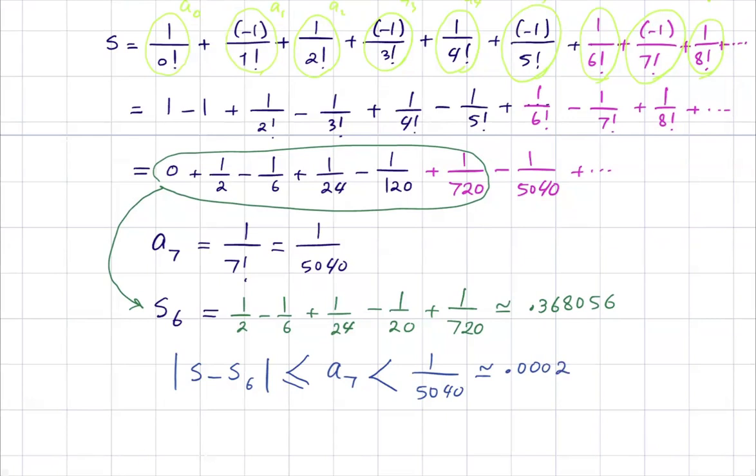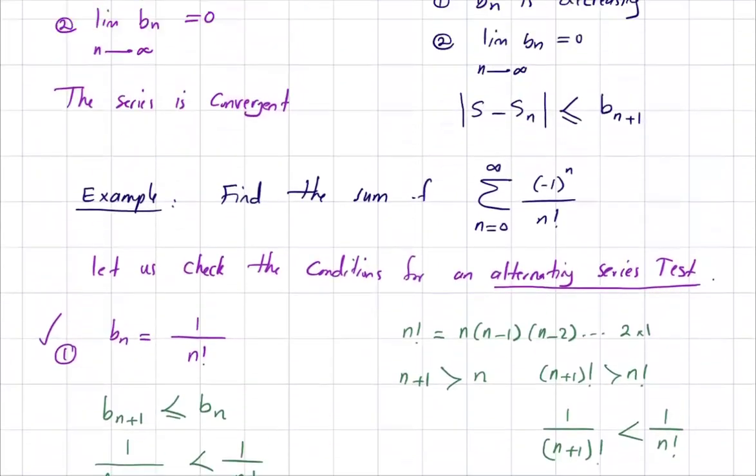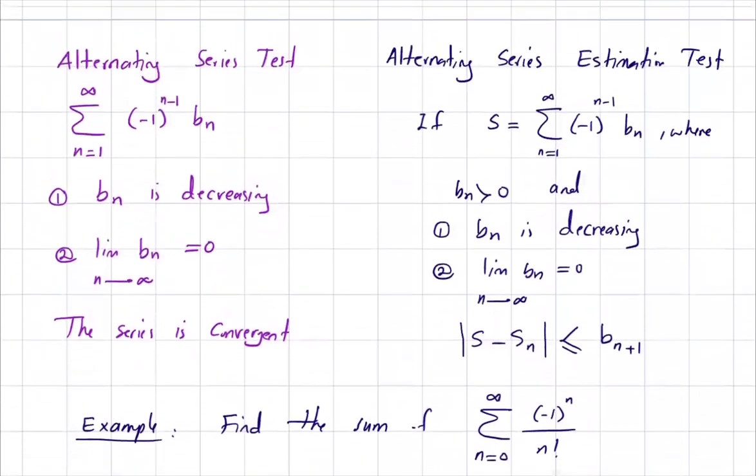So we get a very small error if you think about this. So this is the basics of the alternating series estimation test: the difference between the actual sum and the partial sum is less than or equal to b(n+1) at some point.